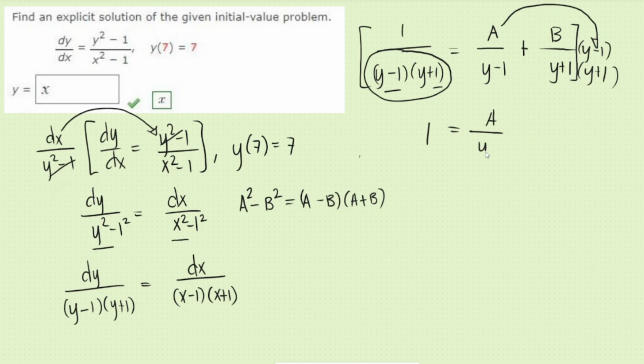I'll just write this here so that you won't be confused. So cancel y minus 1, you'd be left with y plus 1. So let's just write y plus 1 here.